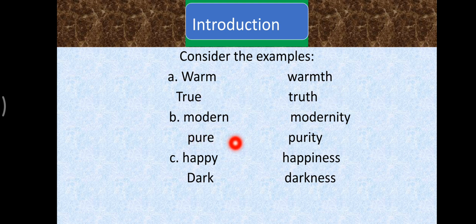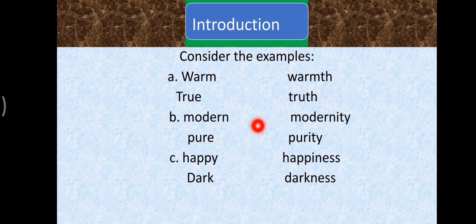In the second column, when we add ty to an adjective, it becomes a noun: modern, modernity, pure, purity. And the third rule says that when we add ness to an adjective, it becomes a noun, like happy, happiness, dark, darkness. So we have here three kinds of rules for lexeme formation.